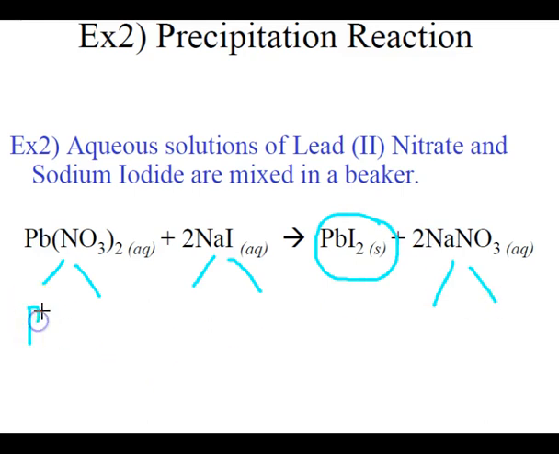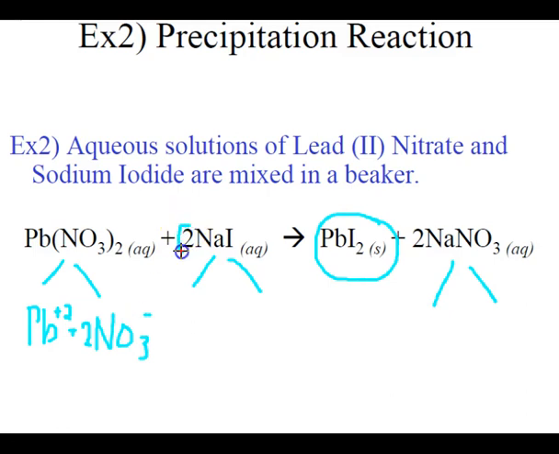So I'm going to have lead +2 and 2. That subscript's going to come out. I'm going to have 2 of my NO3s with a negative charge.